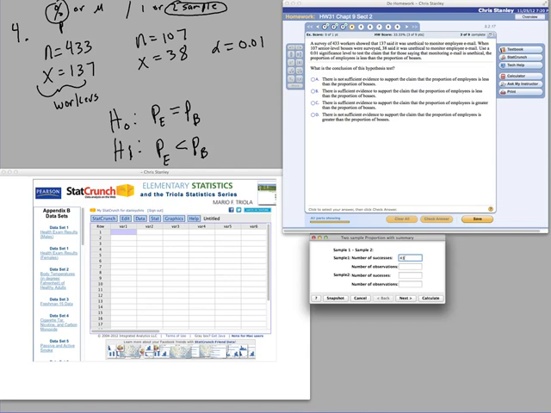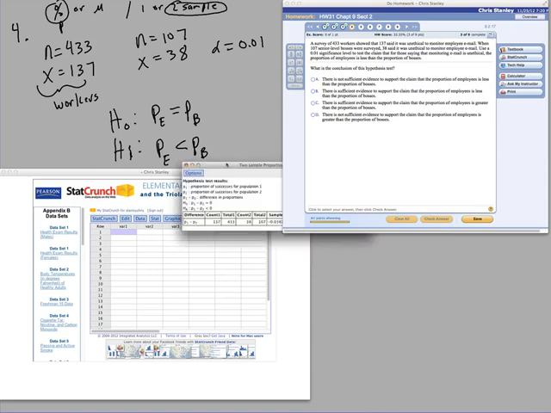Sorry, out of those 433, 137 thought it was unethical. And there were 38 successes out of 107. The null is always going to be 0 because we're assuming they're equal to each other. If they're equal, then the difference would be 0. And this is going to be a less than, since I think the first one is less than the second one.